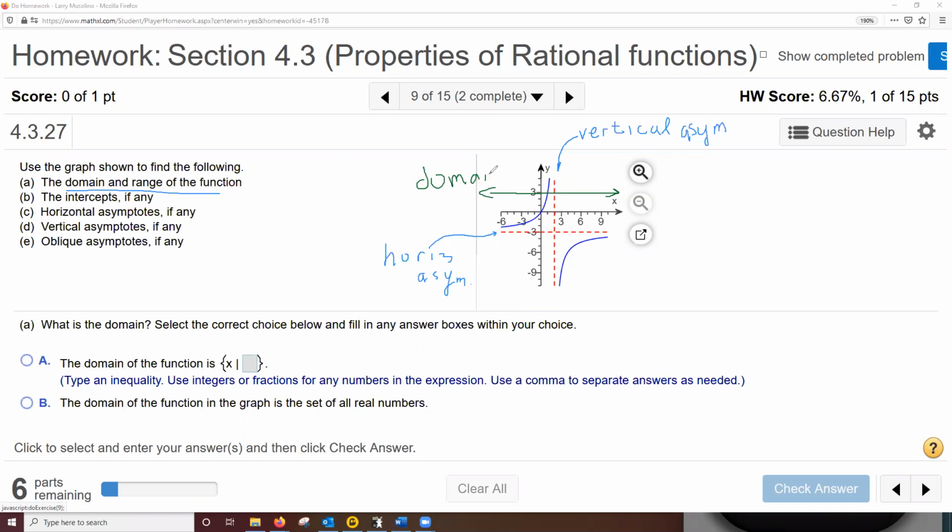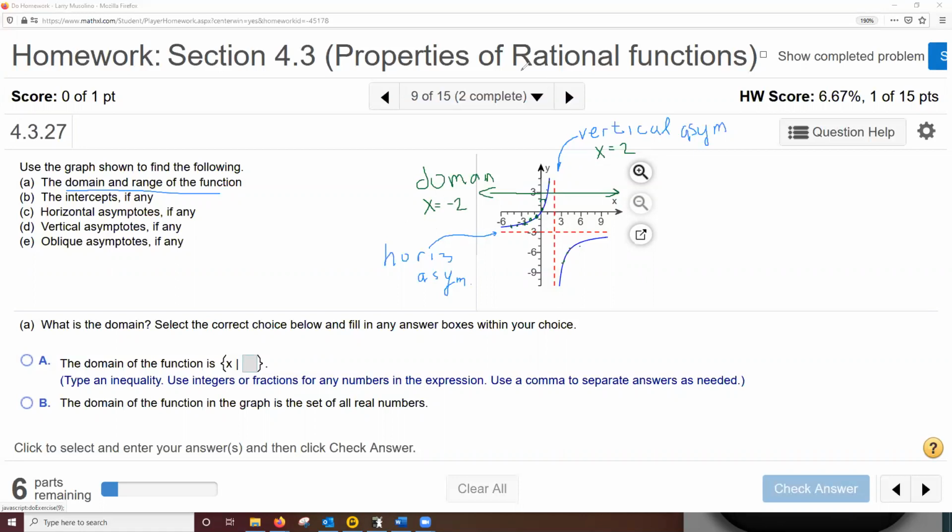If I imagine all of the x values associated with these green points I'm plotting here, x could take on any value, but x will never be equal to 2, because this vertical asymptote is at x equals 2. The graph gets closer and closer to x equals 2, but never touches that vertical asymptote. So the domain here is going to be all x values, but not 2.